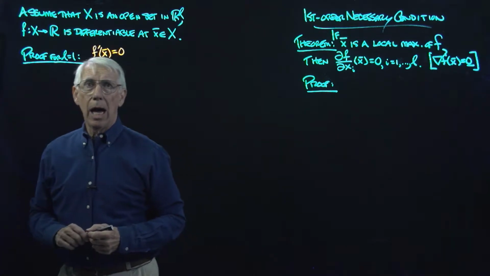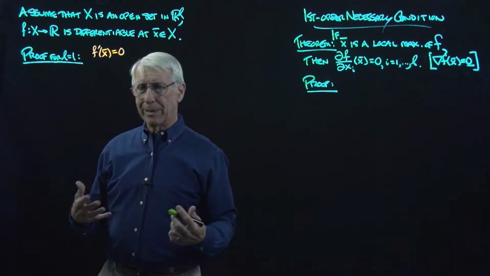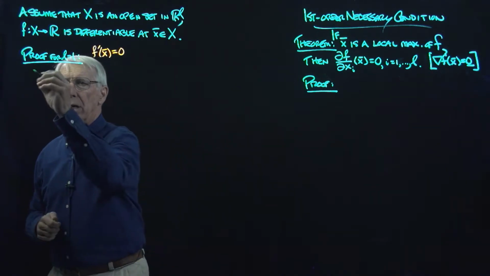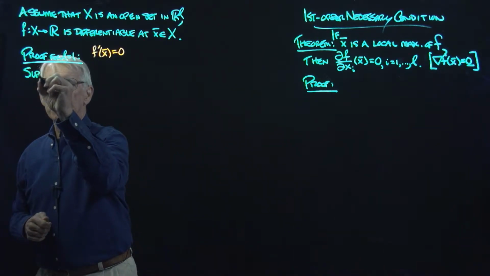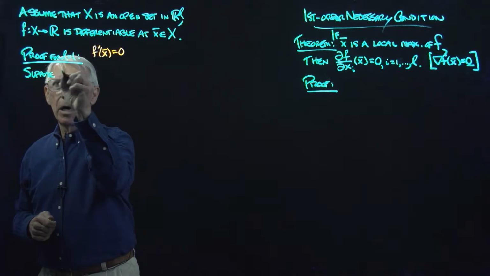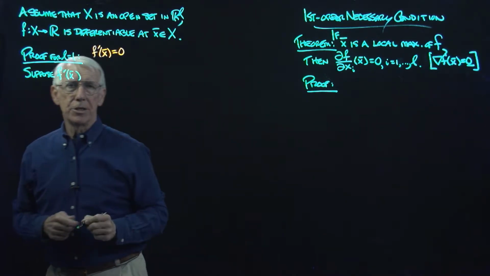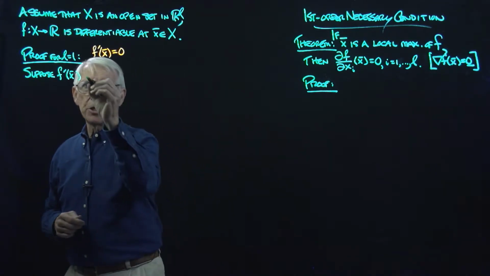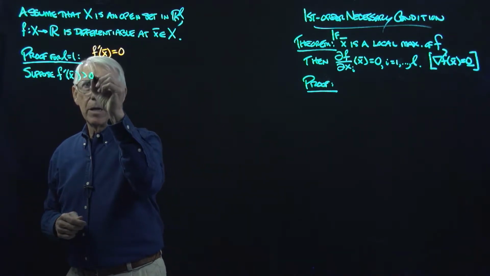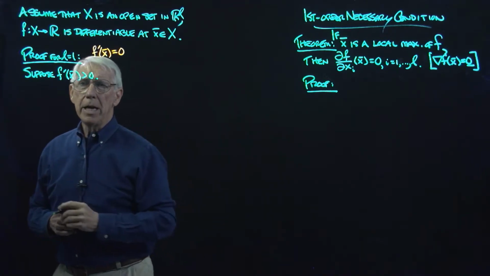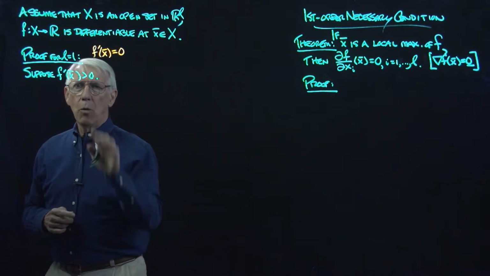And so let's do an indirect proof by contradiction here. That'll turn out to be, I think, the most straightforward way to do it. So let's say, suppose f prime at x bar is not 0, and I'm first going to suppose that it's positive. And then we can see what happens if it's negative. Okay? If this is positive, well, what's the derivative?